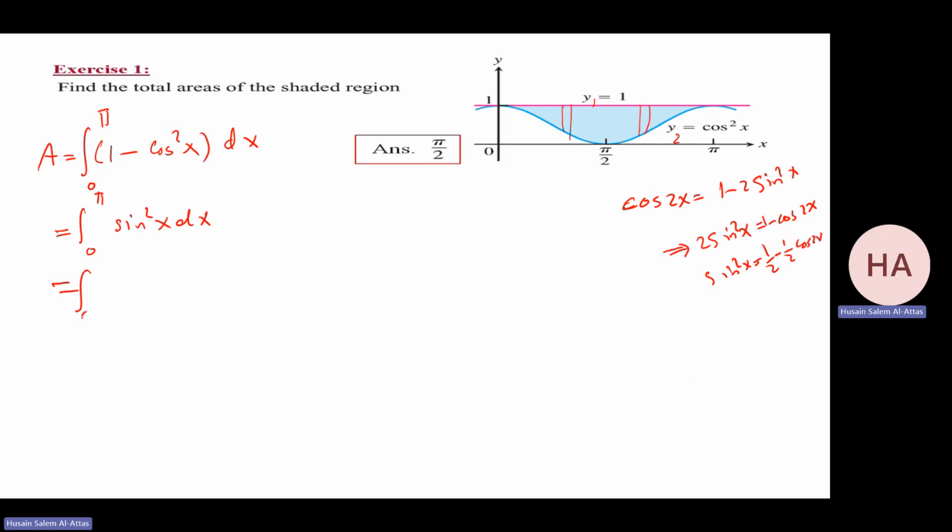So from 0 to pi, I rewrite sine squared as half minus half cosine 2x, dx.